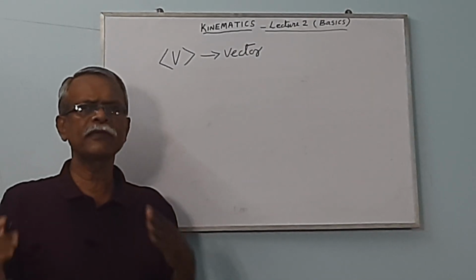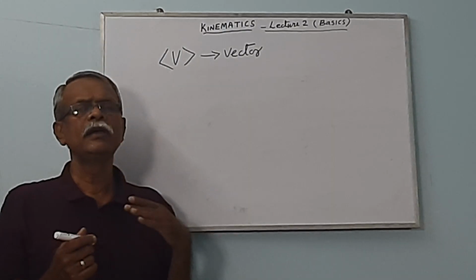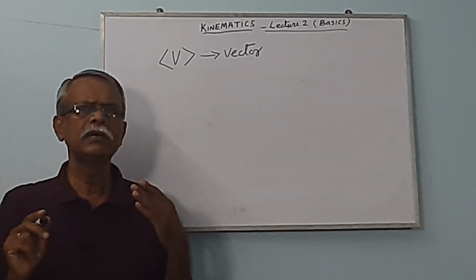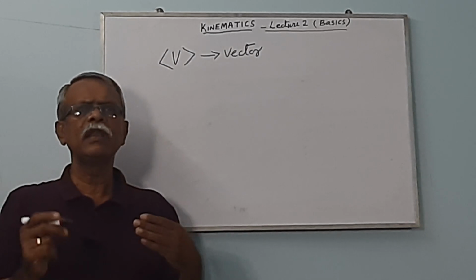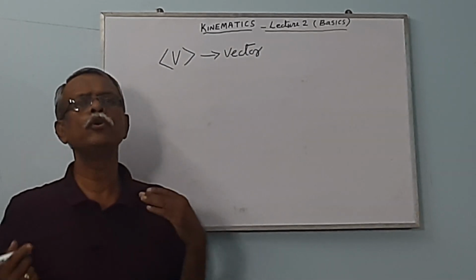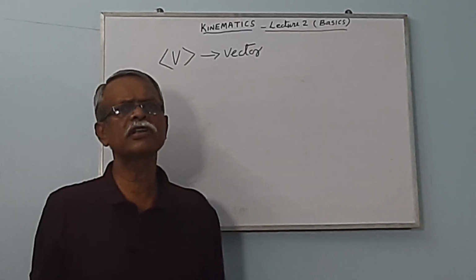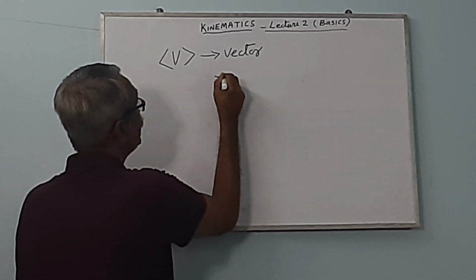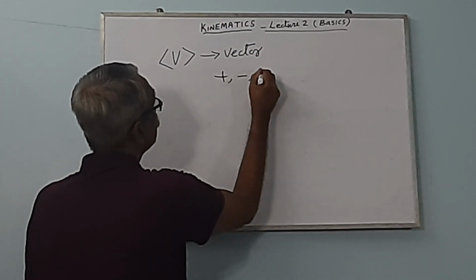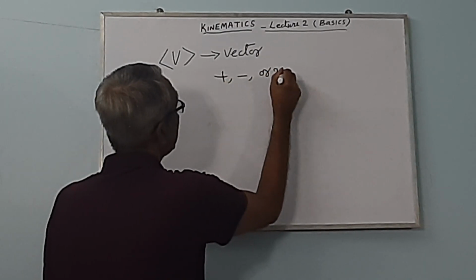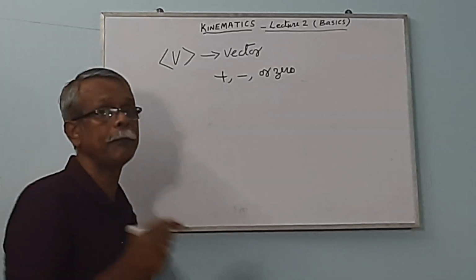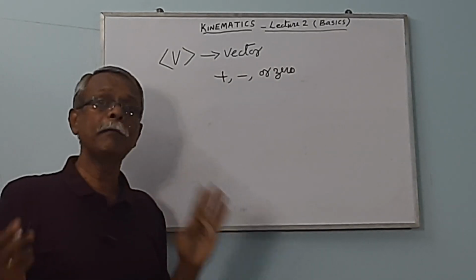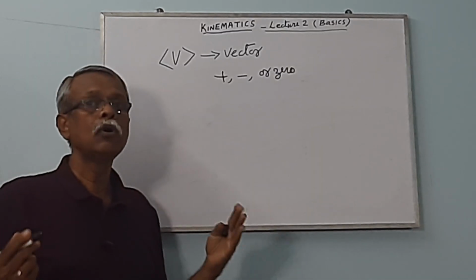Plus sign represents vectors directed towards right or up or towards you, and negative sign represents left, down or away from you. That we have seen in connection with our displacement discussion. This can be positive, negative or zero, just like displacement. Displacement can be positive, negative or zero. Similarly, this also can become positive, negative or zero.